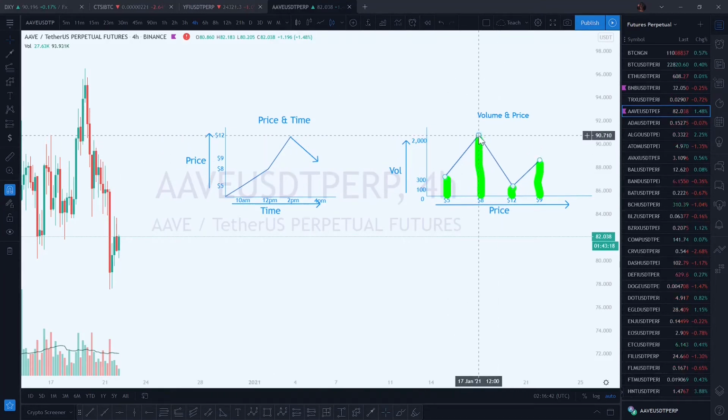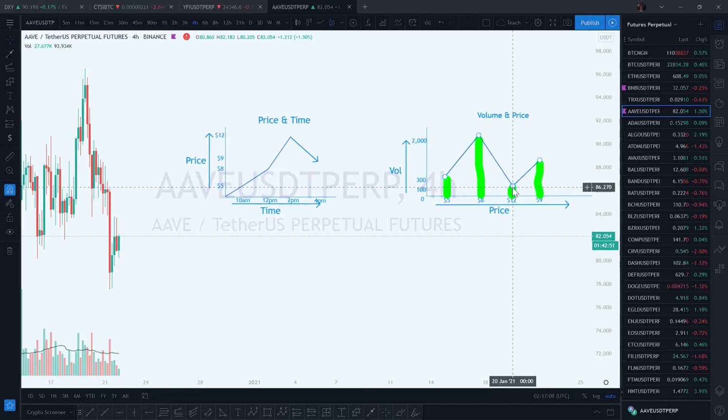Volume turned out to be 2,000, which means as she is increasing the price, the volume is also increasing. Then the moment she increased the price to $12, volume turned out to be very low, which is 100 people came forward to buy, which means there is lack of interest from buyers now.